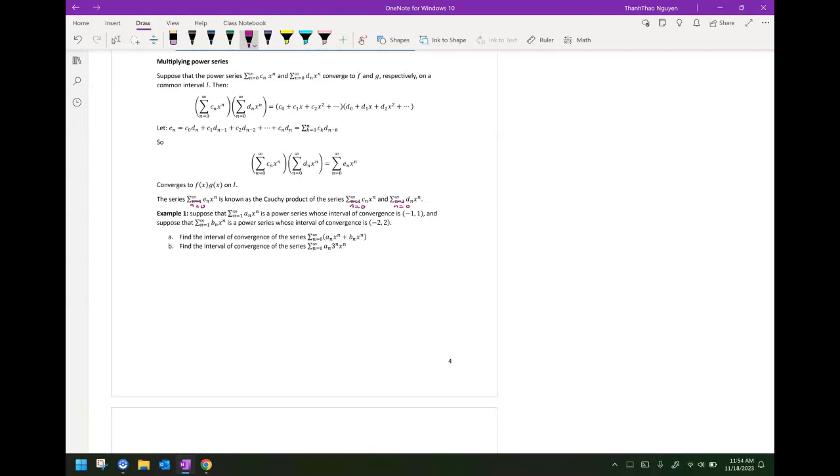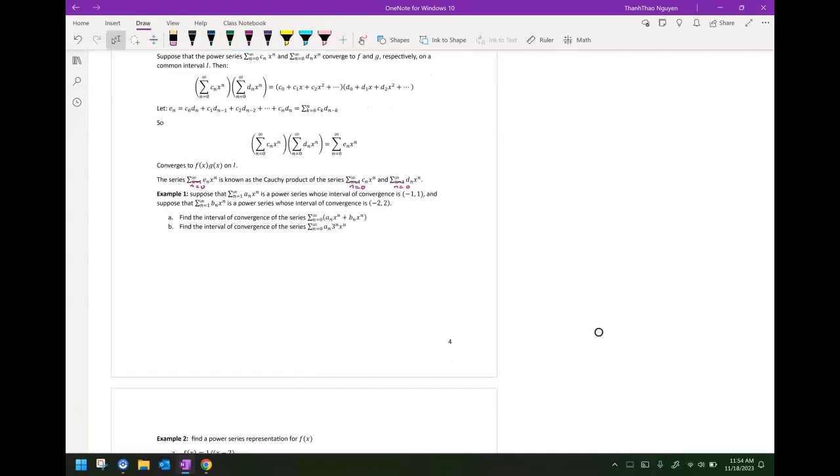So let's take a look at an example. Suppose that you have two series. The sum from n equals 0 of a sub n x to the n is a power series whose interval of convergence is negative 1 to 1. And suppose that the sum from n equals 0 to infinity of b sub n times x to the n is a power series whose interval of convergence is negative 2 to 2.